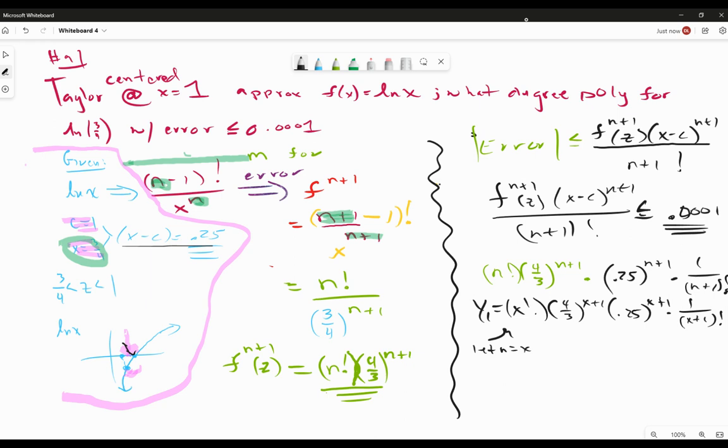You plug this into the calculator, and there are a couple of different things here. For the factorial, you go to math, probability, then scroll down to number 4, and that one is factorial. You can put all your factorial signs in with that.